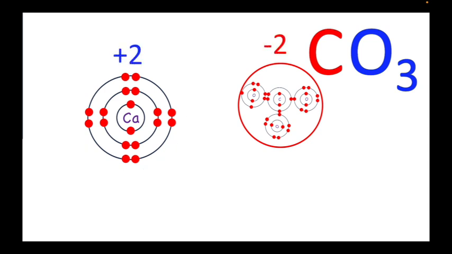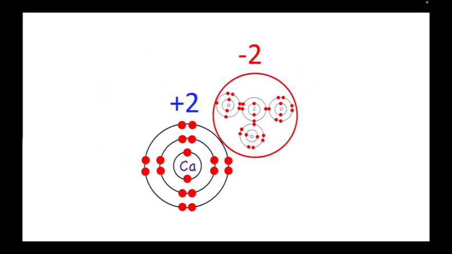Now calcium becomes positively charged with 2 extra protons, and this CO3 molecule is negatively charged with 2 additional electrons. Now what happens? This is a negatively charged molecule and this is a positively charged atom. They both come closer because of the opposite electrostatic force. They get ionically bonded to each other. Now the question is, is this element a covalent bond or an ionic bond?